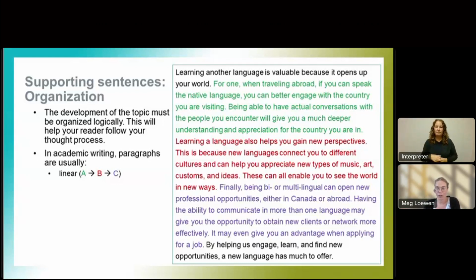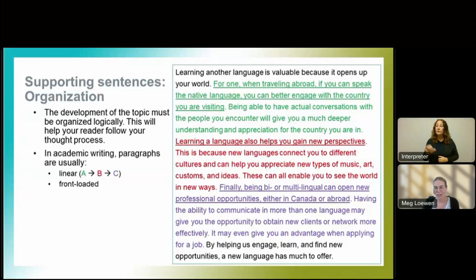And you can see how my first supporting point in green introduces that idea where it's underlined, it expands on it, and then it goes to the next supporting point. And we do not go back and forth between A and B. We move from A to B to C, and then we are done. That's linear structure. And that's a highly, highly valued part of academic writing in Canadian post-secondary institutions.